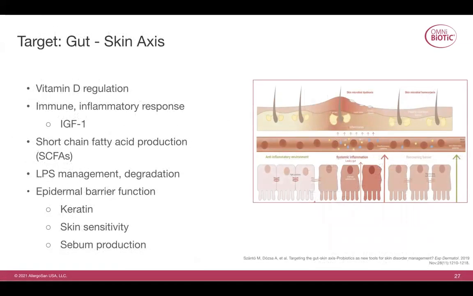Let's look now at the gut-skin axis. So vitamin D, studies show that there's a potential signaling pathway between the microbiome and the skin via this vitamin D pathway. And we know that probiotics can increase serum vitamin D levels in patients with a gut microbiome imbalance.